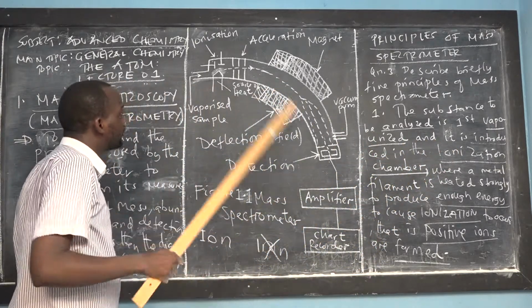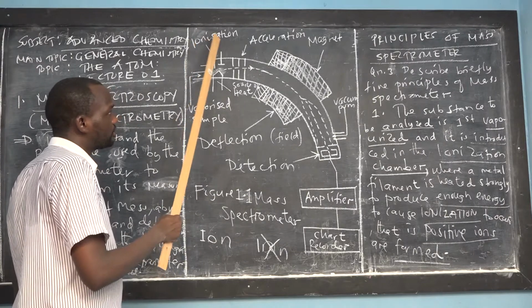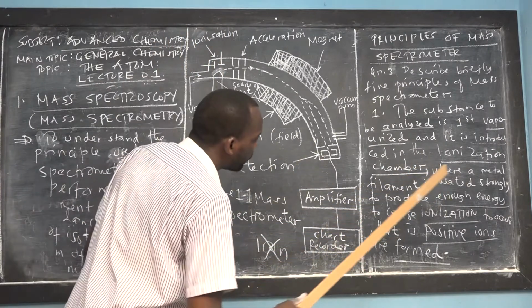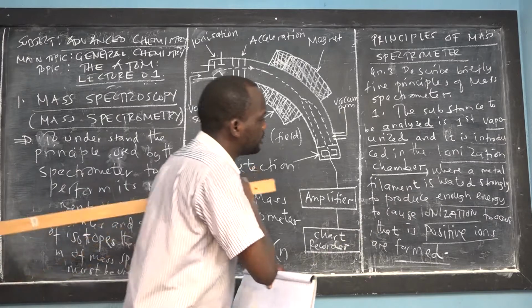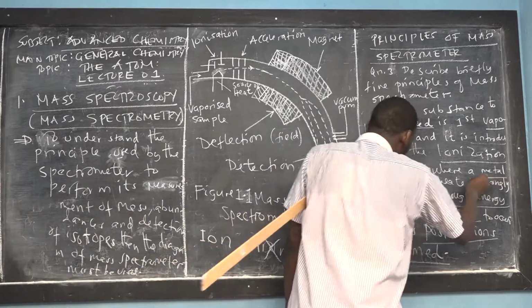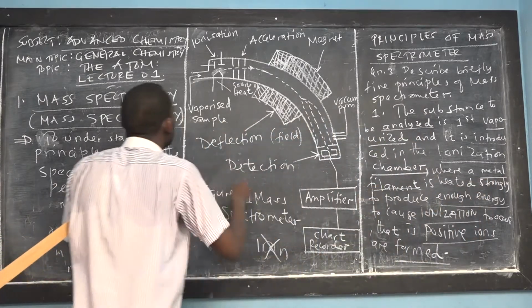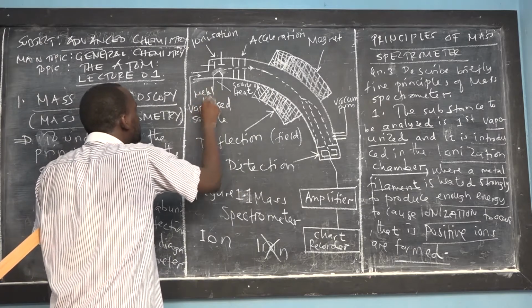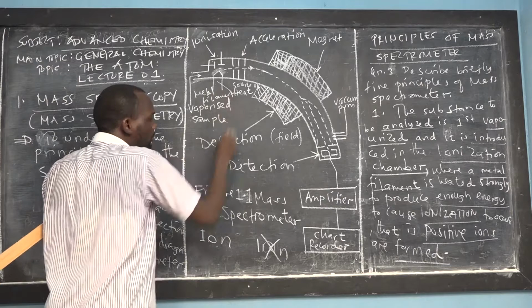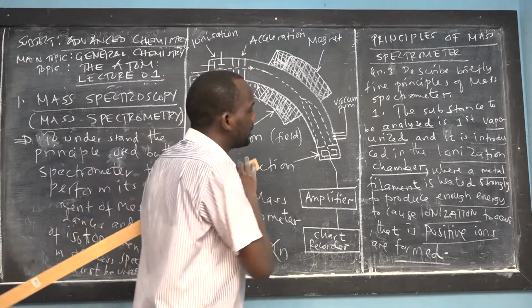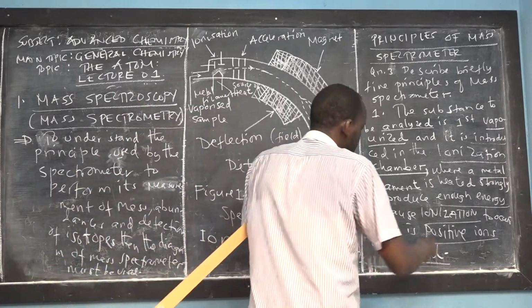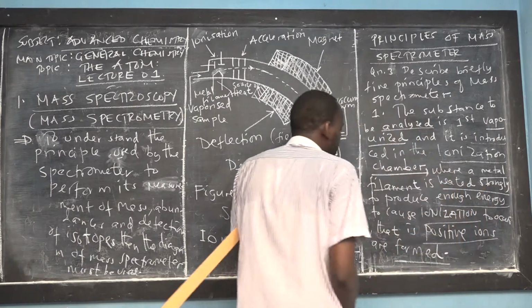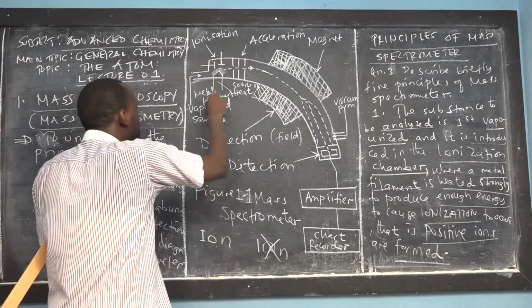So this is the ionization chamber, where a metal filament, this is very important again, this is the metal filament, is heated strongly.